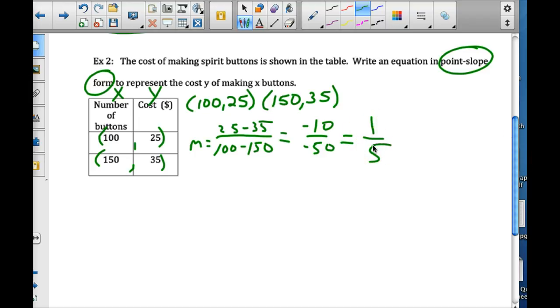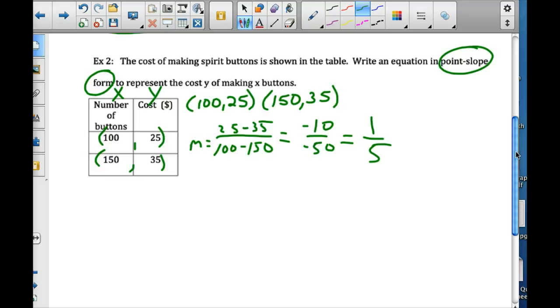The slope, guys, is 1/5. Okay? Which basically means it costs $1 to make 5 buttons.